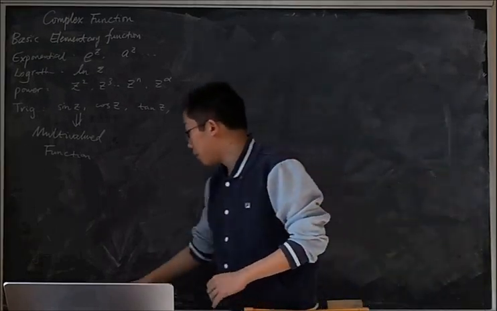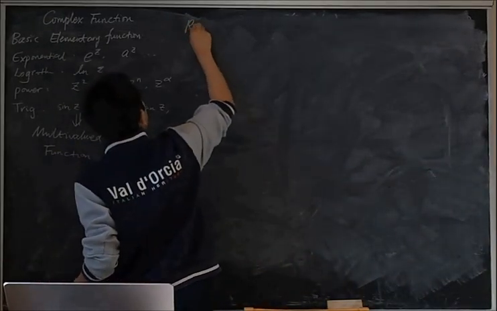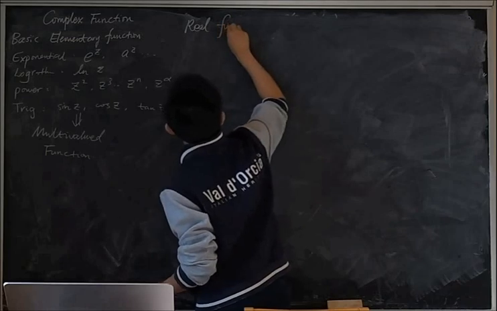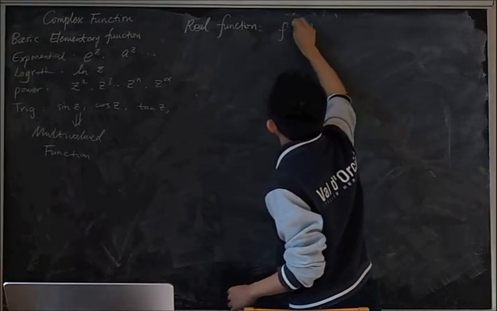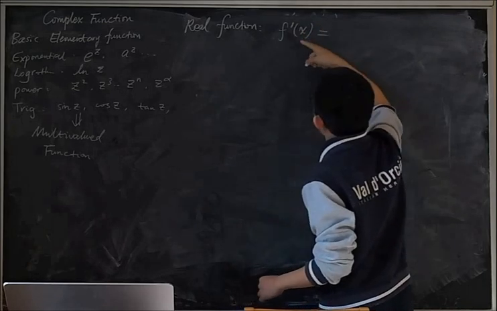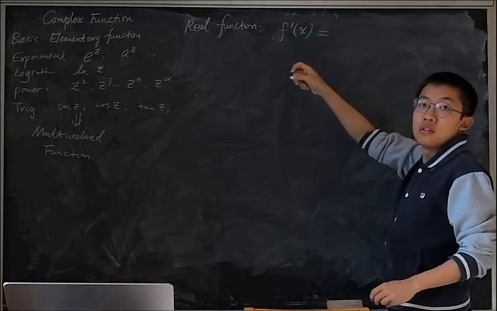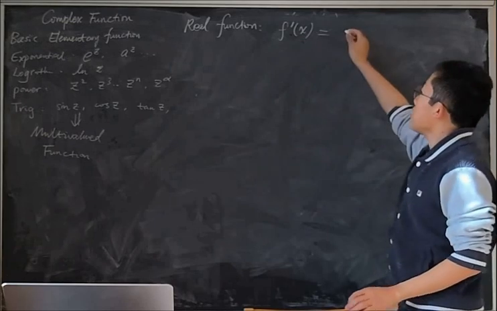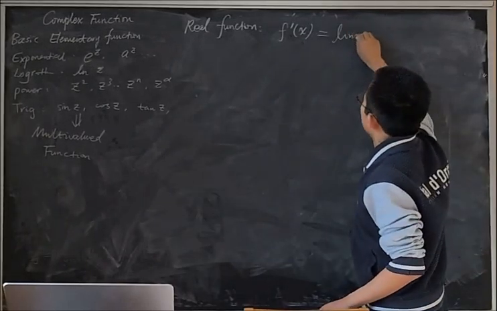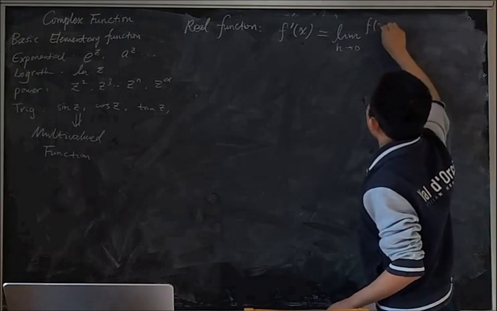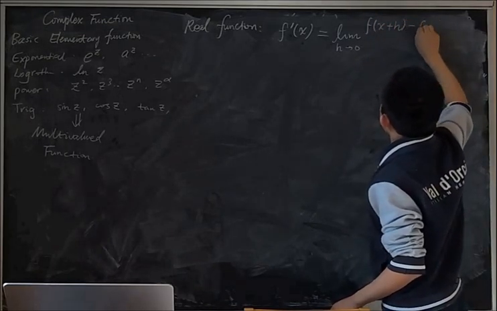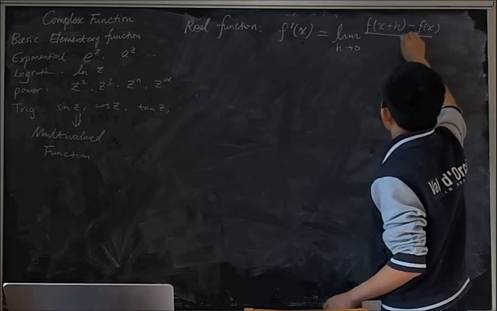For real functions, we think about f prime of x, the derivative. The definition is the limit as h goes to 0 of f of x plus h minus f of x, divided by h.